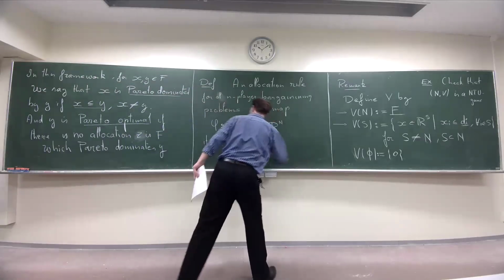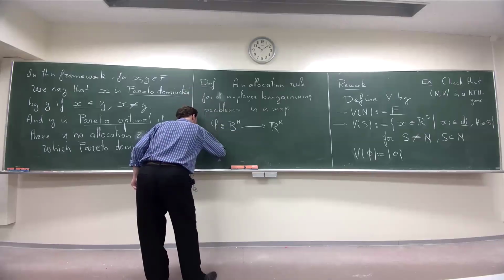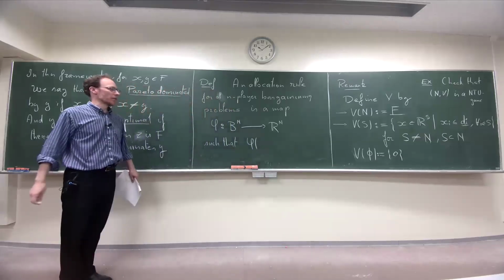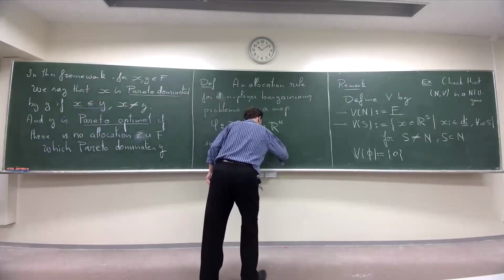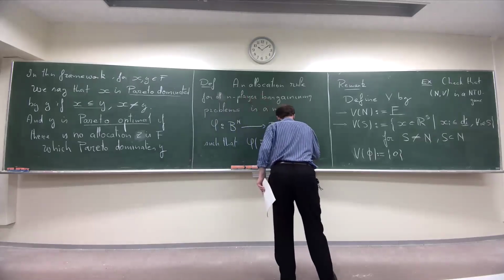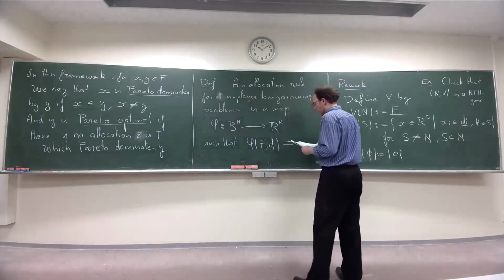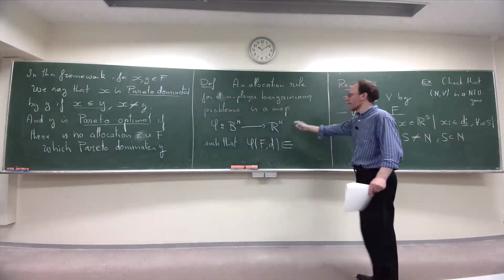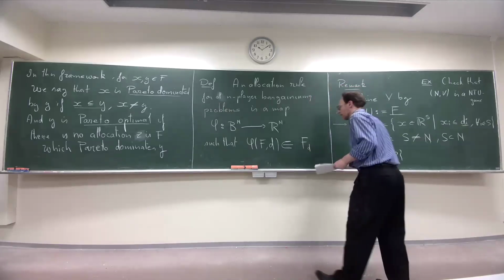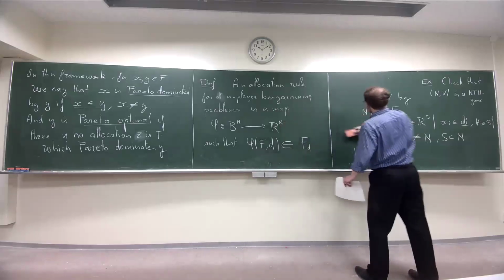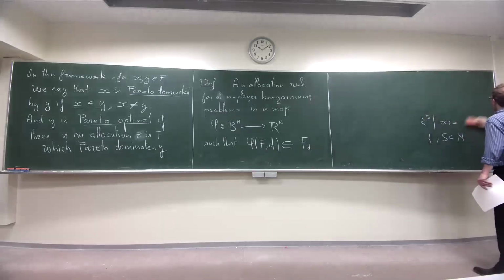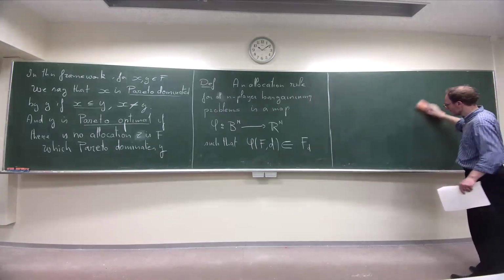A bargaining problem is a pair (F, d). So it takes any (F, d) and sends it to a point in R^n, but to be more precise, a point in F_d. F_d is the subset of F of all points which are bigger than d, or better than d.